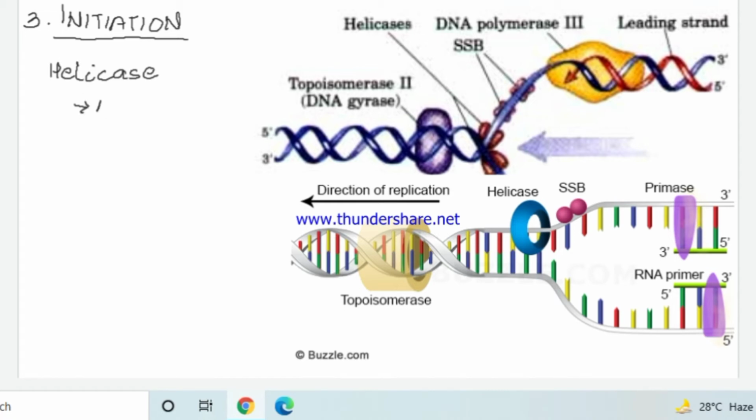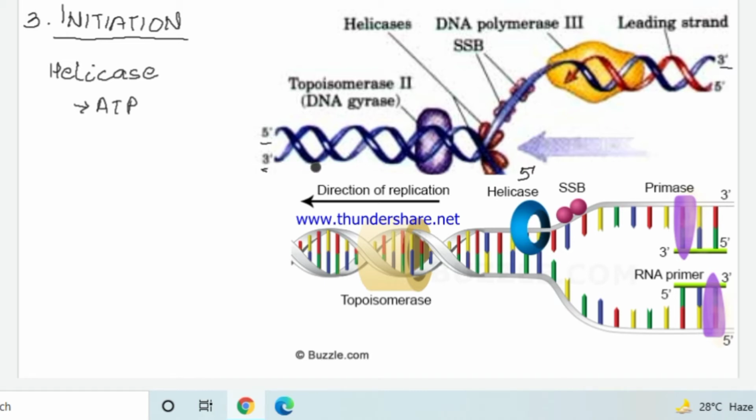ATP, or the energy currency, is used in this process. Now, the 2 strands function differently on the 2 sides of ORI. One functions as the leading strand, the other functions as the lagging strand. The leading strand opens in the direction 3' to 5', and the lagging strand opens in the direction 5' to 3'.